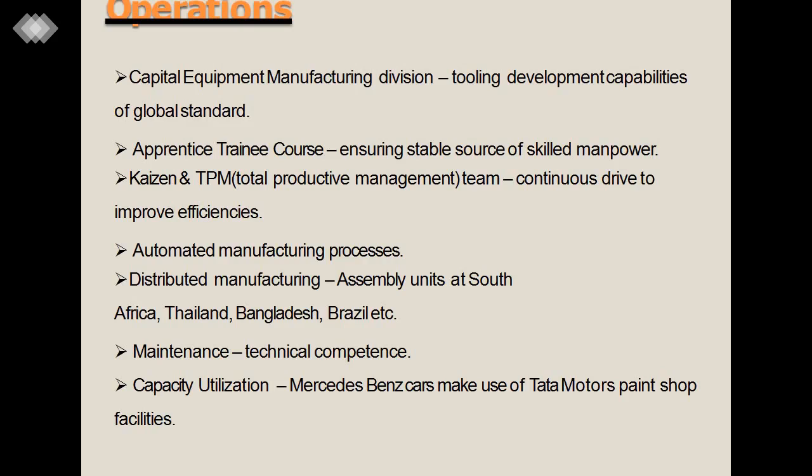Distributed manufacturing assembles units in South Africa, Thailand, Bangladesh, and Brazil. Maintenance is related to technical competence, and there is capacity utilization, like Mercedes-Benz cars making use of Tata Motors paint shop facilities.